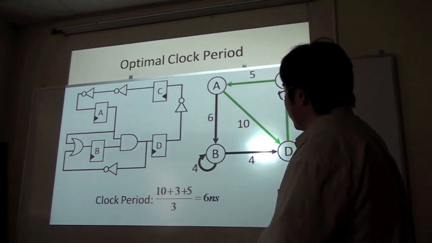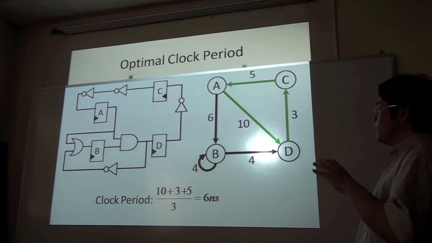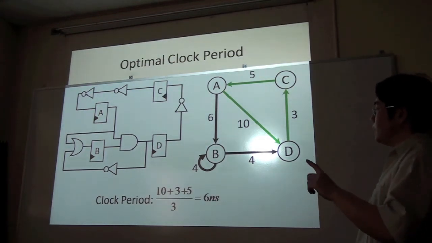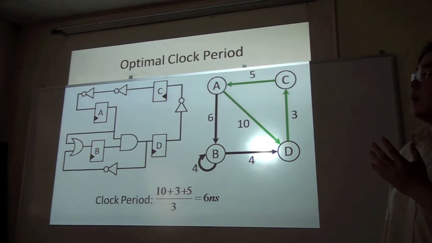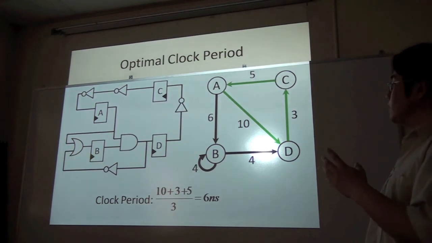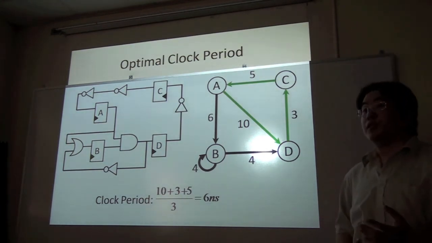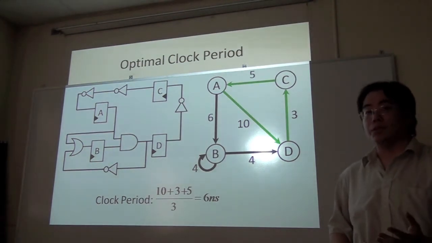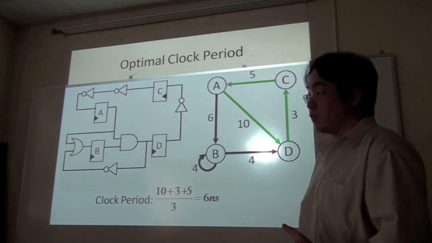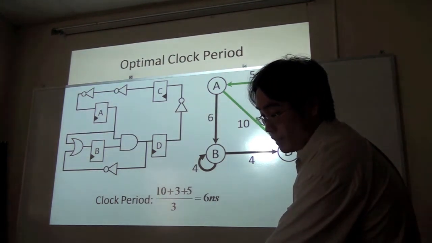We can clock it at 6 nanoseconds, and the best way to think about this is if you sum up the delays around the cycle and divide it by the number of stages the cycle spans, you essentially get a cycle called the maximum mean cycle. It can be proven that the maximum mean cycle gives you the optimal clock period for any given circuit. Instead of me trying to formally prove it to you, let's go through some of the other cycles present in the graph.